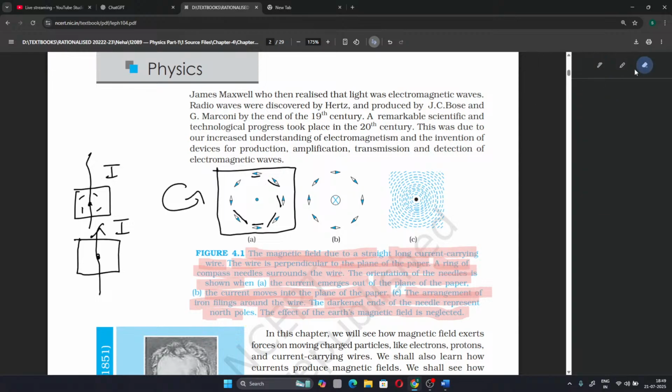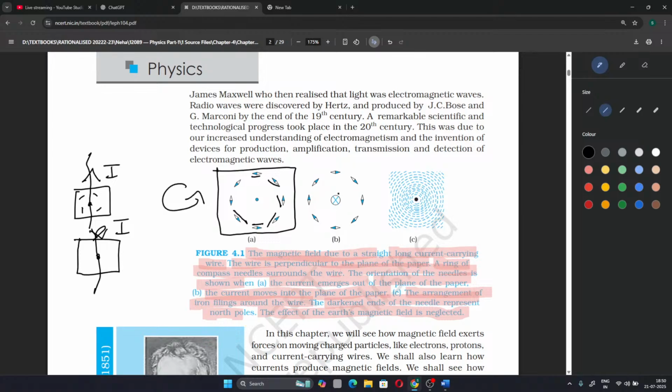This is going inward, and this is coming outward. This is coming outward and this one is inside.